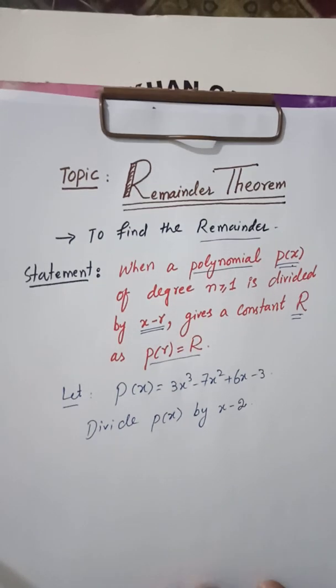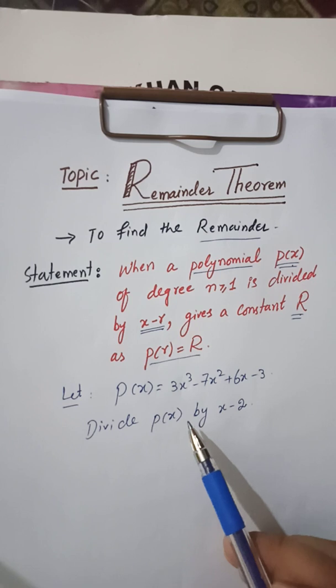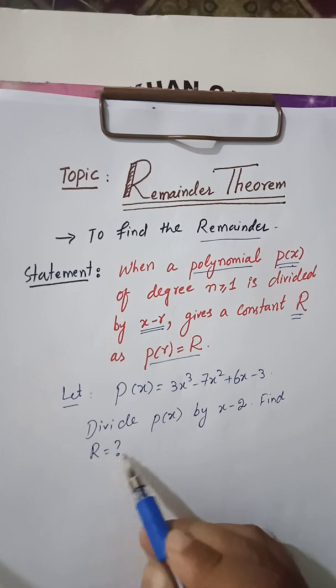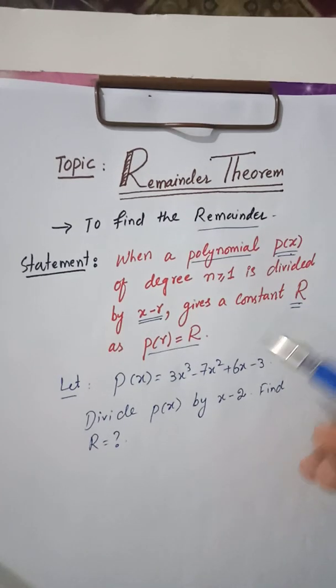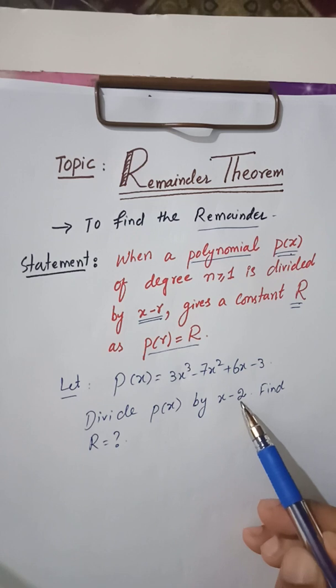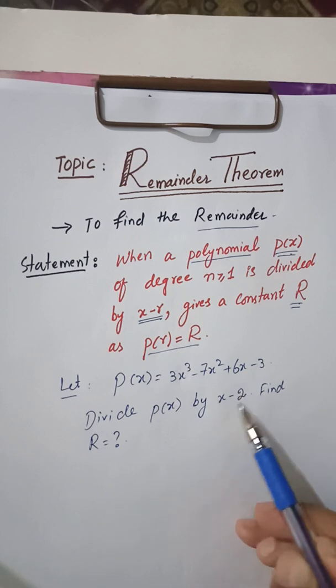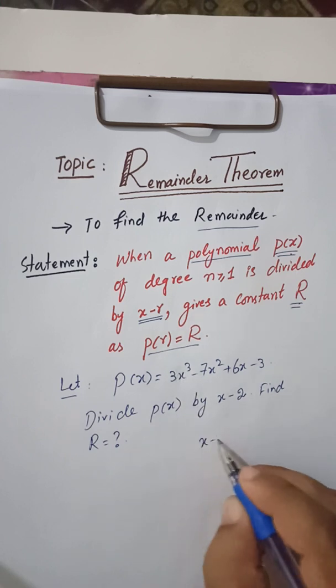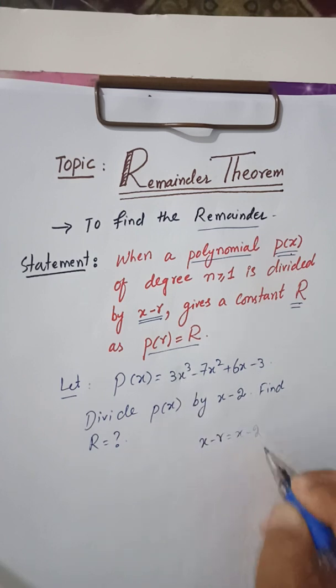So the theorem says that just compare x minus 2 with x minus r.